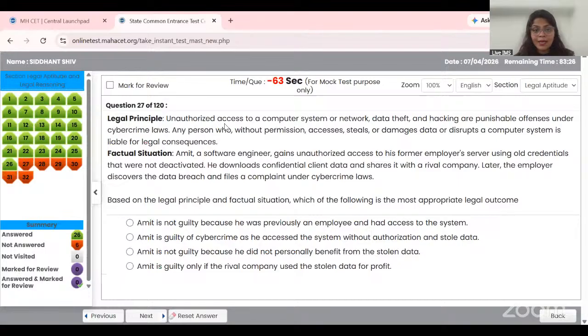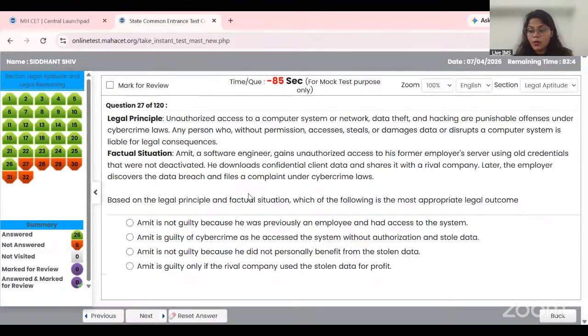So again, we have this category unauthorized, right? Next he downloaded some confidential client data and shares that with a rival company. Later, the employer discovers the data breach and files a complaint under cybercrime laws. That was discovered and a complaint was filed in this case.